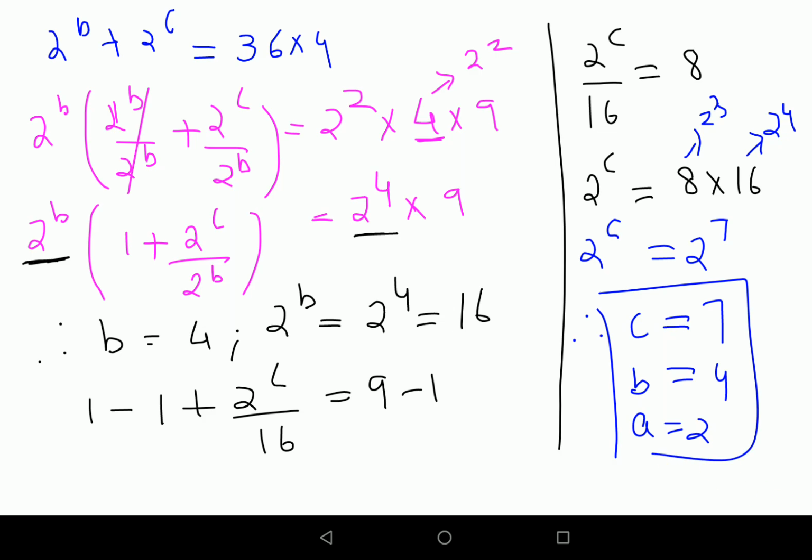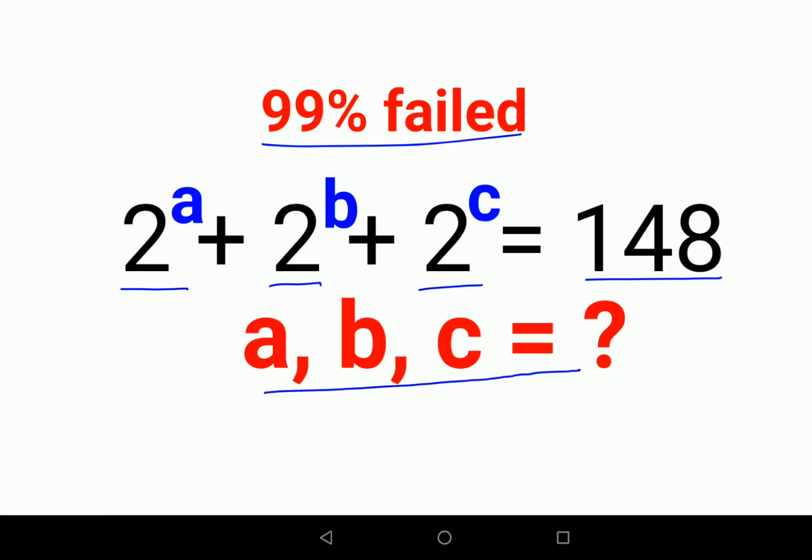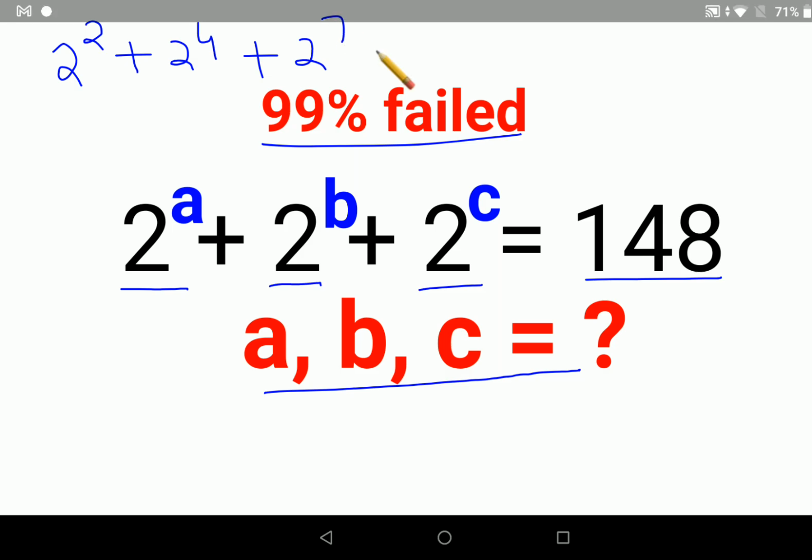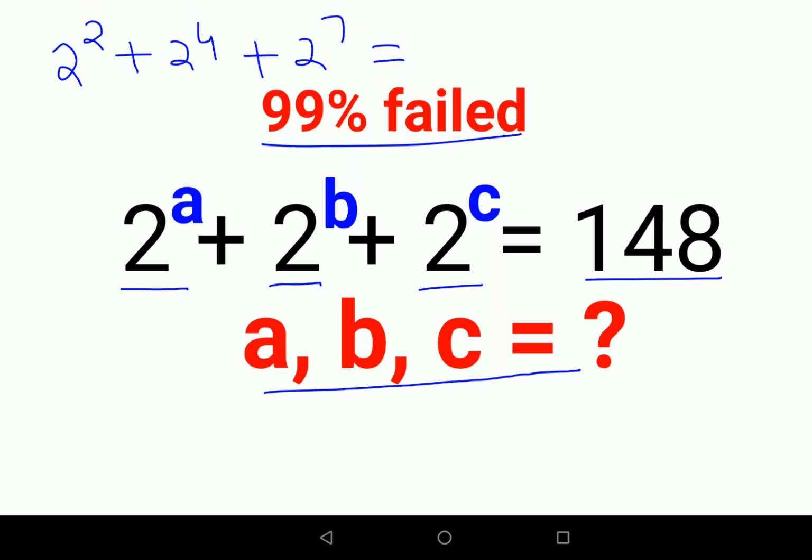Using these values, let's put them in our original question. 2 raised to a, instead of a we'll put 2; 2 raised to b, instead of b we'll put 4; and 2 raised to c, instead of c we'll put 7. Now 2 raised to 2 is 4, 2 raised to 4 is 16, and 2 raised to 7 is 128. When you add these you get 148, which is exactly the value of your RHS. So I hope you've understood how to solve these kinds of questions.